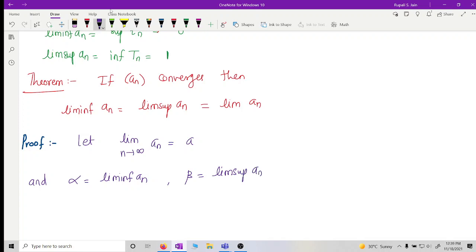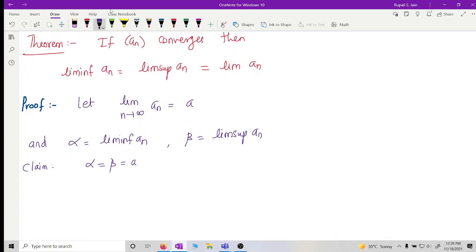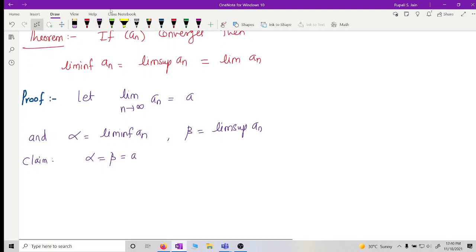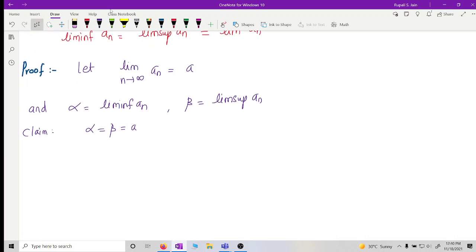For our convenience, we are denoting them by alpha, beta, and a. And what is our claim? We want to show alpha is equal to beta is equal to a. Is that okay? And what is given here? xn is a convergent sequence. Okay, that much we have, and we have to show alpha is equal to beta is equal to a.